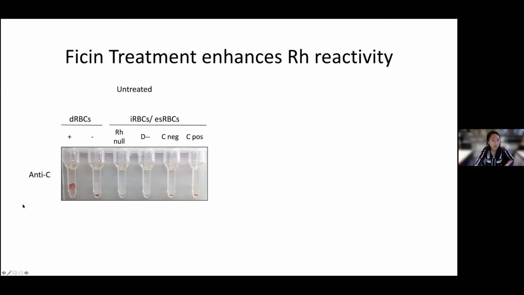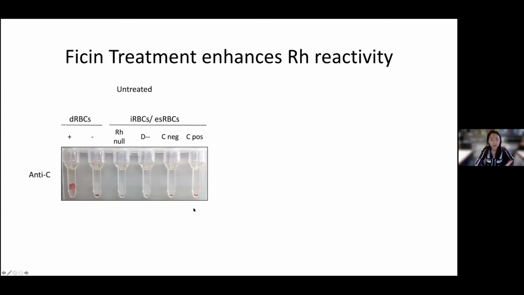And this whole card was incubated with patient plasma containing anti-big C. We see this really nice agglutination pattern with the donor positive control, no agglutination with the donor negative control, and then moving on to our IRBCs, we don't see any agglutination with the RH null line as we would expect. We don't see any agglutination with a D minus IRBC, again, as we would expect. And then we don't see any agglutination with the big C negative IRBCs, as we would expect.